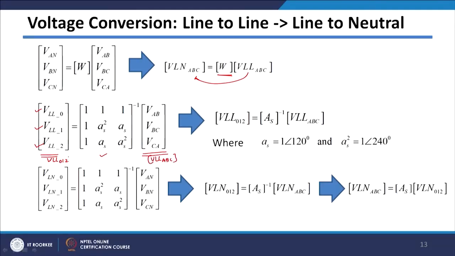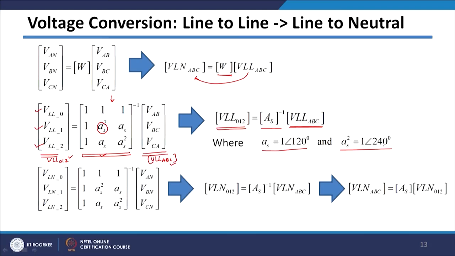These are the sequence components, these are the phase components of the voltages, and this is your transformation matrix. So in short form, VLL 012 will be AS inverse multiplied by VLL ABC, where this is your AS matrix. This is the phase domain voltage, and we know that the AS transformation matrix is given by 1 angle 120 degrees, and in that case your AS inverse will be 1 angle 240 degrees.